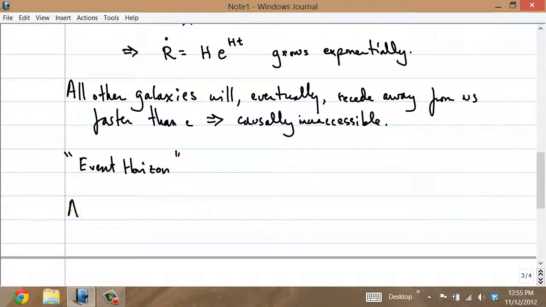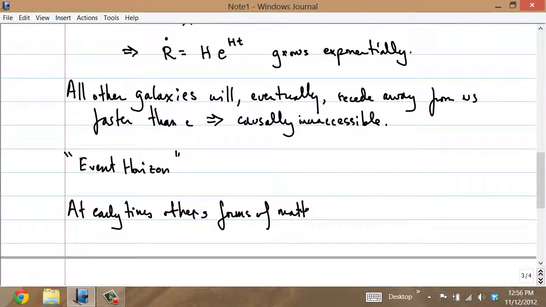So at early times, other forms of matter dominate. For example, right now, vacuum energy and normal matter are the two sorts of matter that appear to dominate the evolution of our universe. But remember that the energy density of radiation falls off like 1 over r to the 4th, whereas matter falls off like 1 over r cubed.